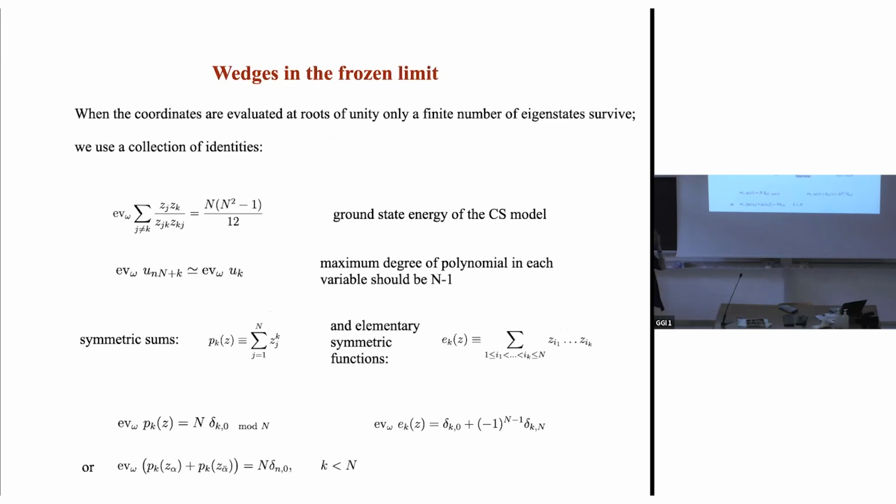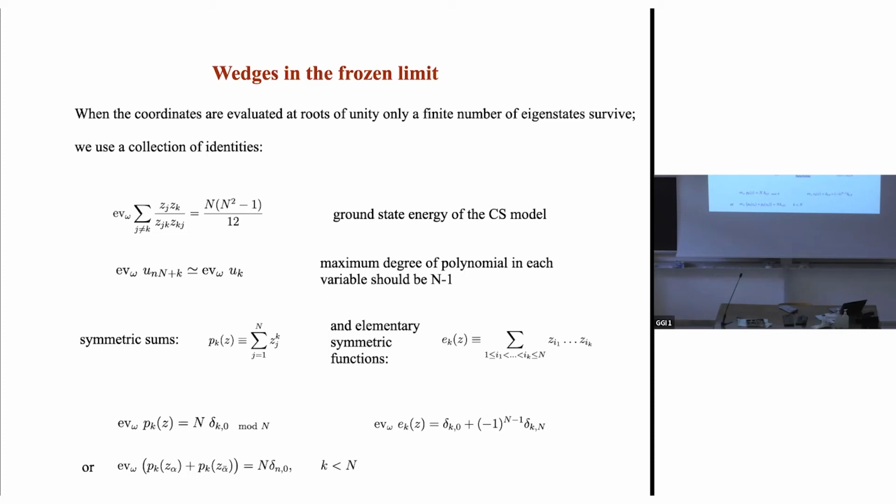And now I would like to explain quickly what happens with the wave functions. So we use a collection of identities when the z's go to roots of unity. So the evaluation of the potential goes to some numbers, which is also the ground state of the Calogero-Sutherland Hamiltonian.